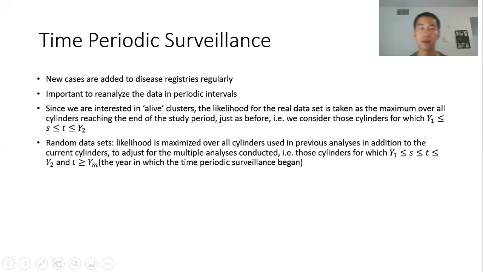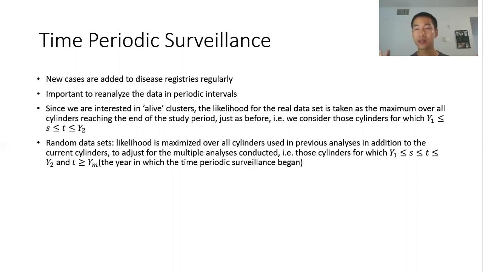Then, in section 5 of that paper, the authors make a little modification to how we calculate the likelihood ratio and come up with this time periodical surveillance. The motivation was pretty simple: new cases are added to the disease data every year, and we need to reanalyze them every year.